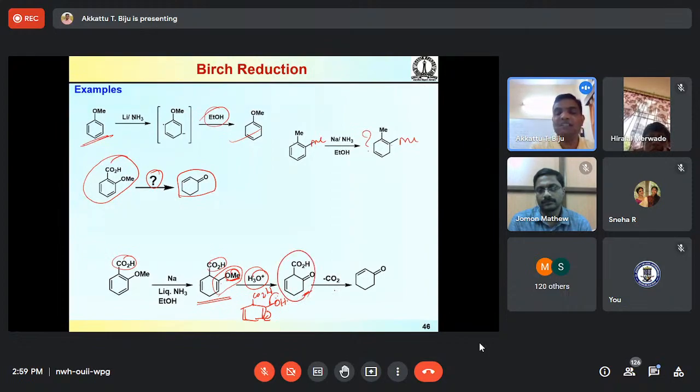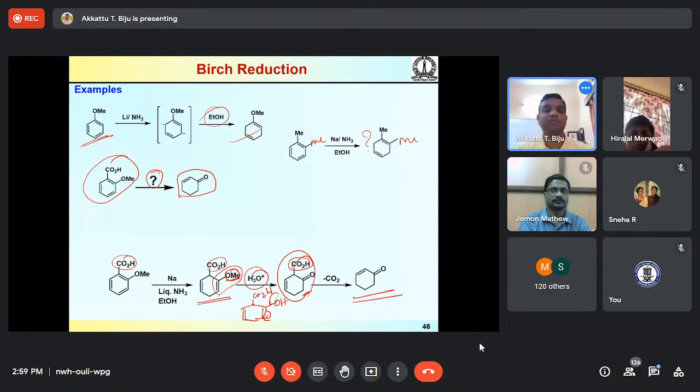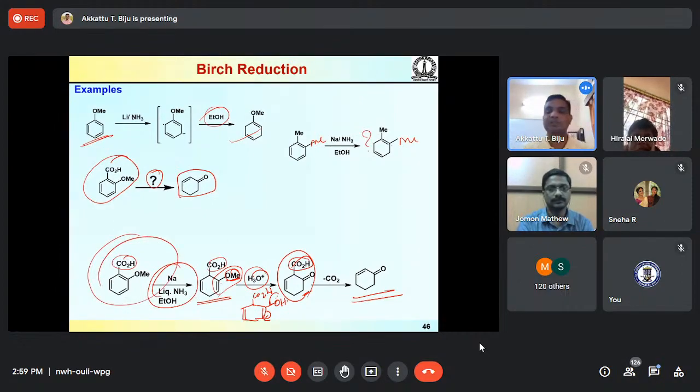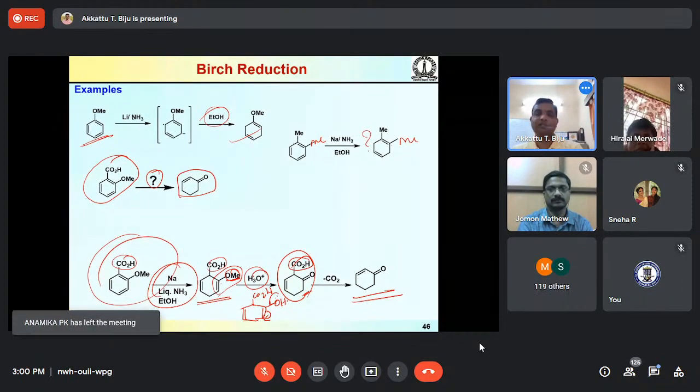If we heat this reaction mixture, it can undergo decarboxylation to form the alpha beta unsaturated ketone system. So in a one pot reaction, the Birch reduction and hydrolysis can combine to convert a benzoic acid derivative to a ketone derivative.